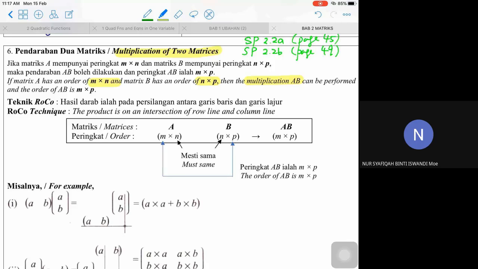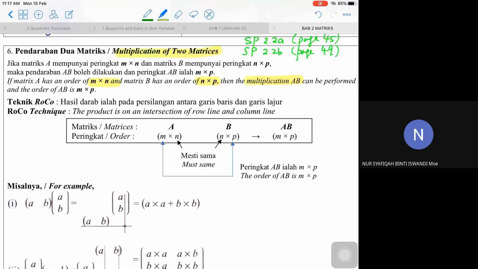So how do we know that the two matrices given can be multiplied? We can do it like this.